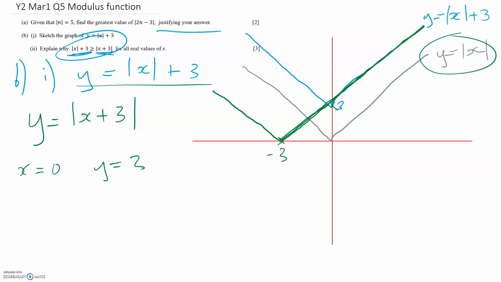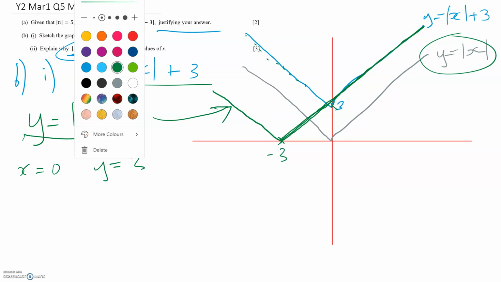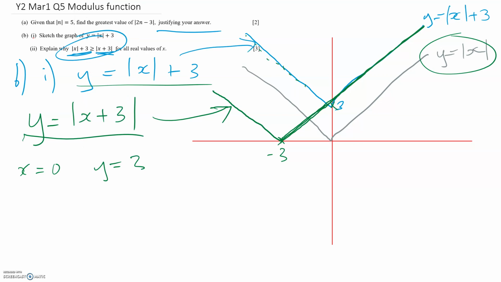So again, it's going to be parallel to the graph up here that we drew. Okay, so this green graph, we'll just put an arrow here. The green graph is modulus of x plus 3, and the blue graph is modulus of x, plus 3.